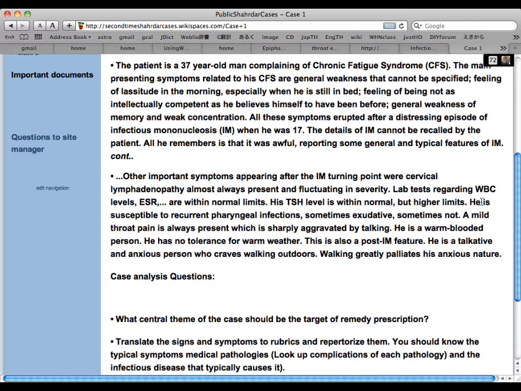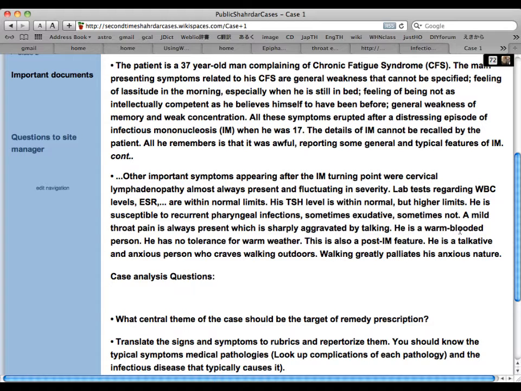He is susceptible to recurrent pharyngeal infections, sometimes exudative, sometimes not. Now, what does that word mean? This is important. A mild throat pain is always present, which is sharply aggravated by talking, so his throat is infected because it hurts when he talks.